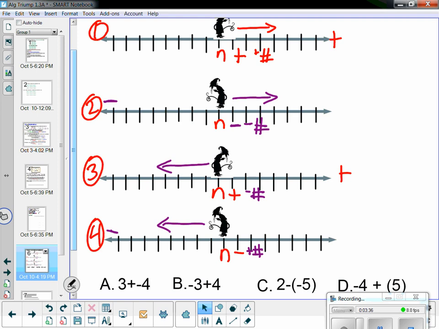Please copy down the problem and then write the matching number line that goes with it. If you think A goes with number 1, you would write A, 3 plus -4, and then number 1.